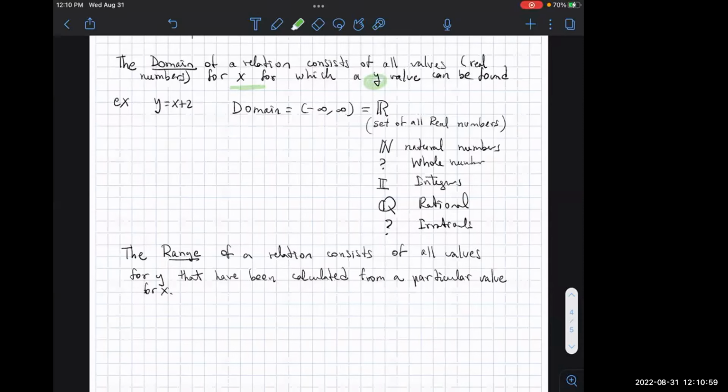That Y value that is being found goes to the range, okay? So it's not just any Y value on the Y axis, it has to be hit by something in the domain.